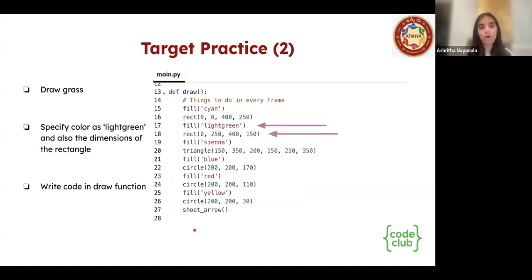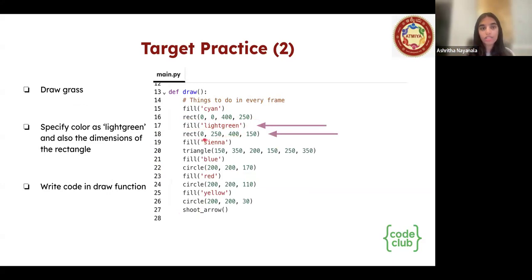So now we're going to draw our shapes. For our background and for our target, we're going to start with the grass. Do you see how there's a sky and grass in the background, which is just a rectangle, which is light green? So all you have to do is type in these lines of code, fill light green. This specifies the color of the shape that you want to make.